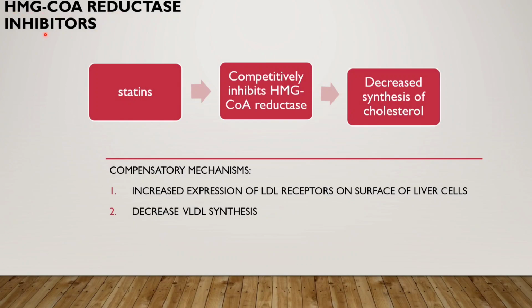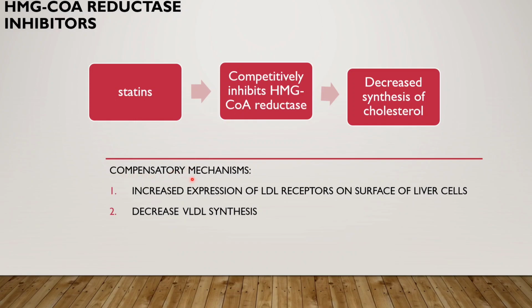HMG-CoA reductase inhibitors. They are the most effective and best tolerated agents for treating dyslipidemia. Statins competitively inhibit HMG-CoA reductase, so there is decreased synthesis of cholesterol. HMG-CoA reductase activity is maximum at night, so a nighttime dose is mostly preferred.